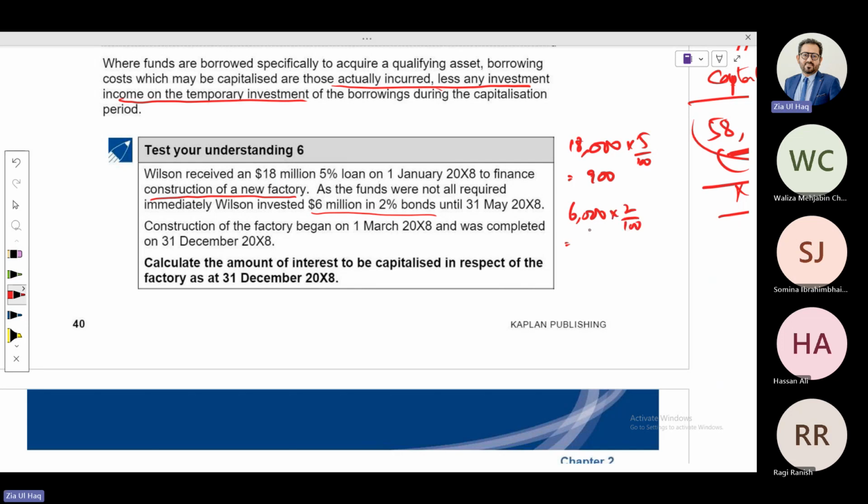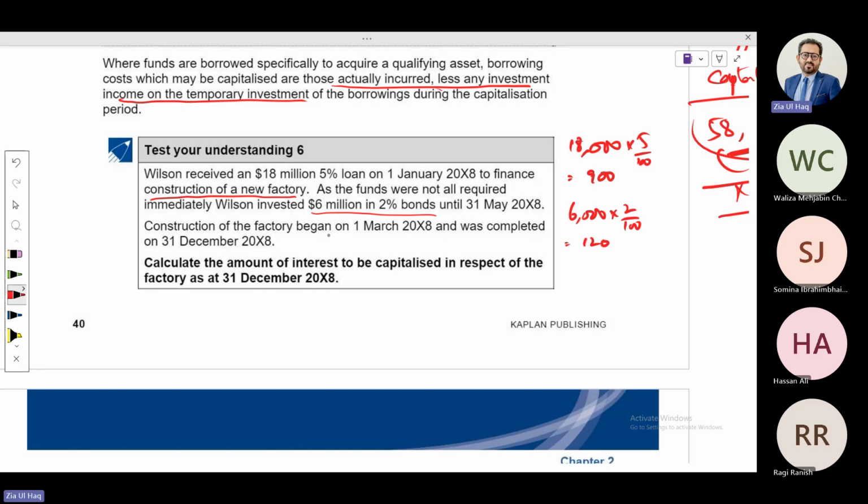How much is that? 120. They generated 120,000 investment income, and they invested it until 31st May 20x8.